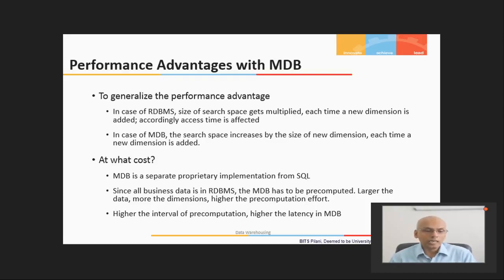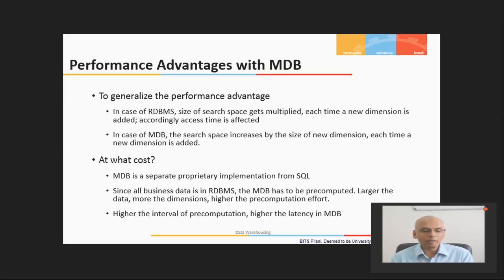And to generalize the performance advantage, in the case of an RDBMS, whenever you add a new dimension, as you have seen, suppose you add a 4th dimension, they want to look at the monthly sales, then immediately you have to multiply the table size by 12 because there are 12 months, and so on. So any time you have a new dimension, you are multiplying the table size.